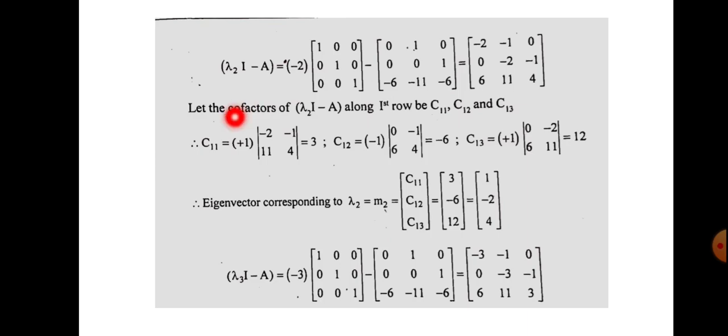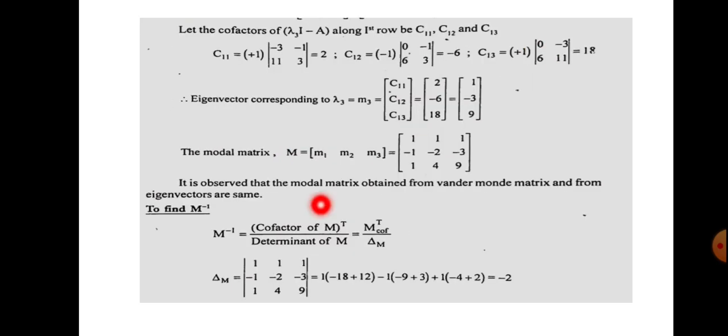Cofactor elements are first found like this method. Here we found the cofactor elements for the first row alone. In this case, we have to find the cofactor matrix of this model matrix. Corresponding to each element, we have to find the cofactor element. Then we find the transpose of that cofactor matrix, so you will get the adjoint of M.